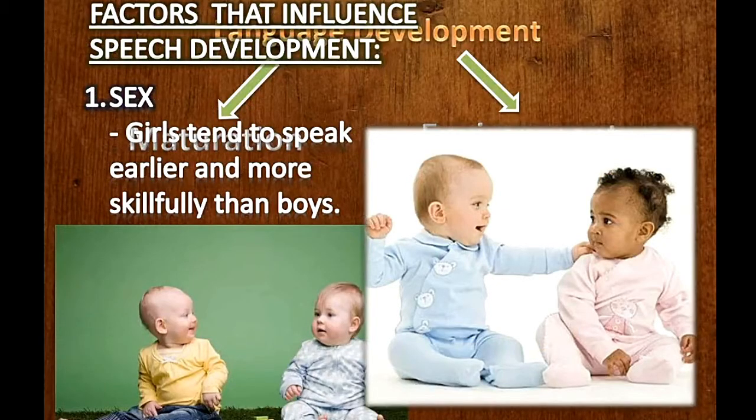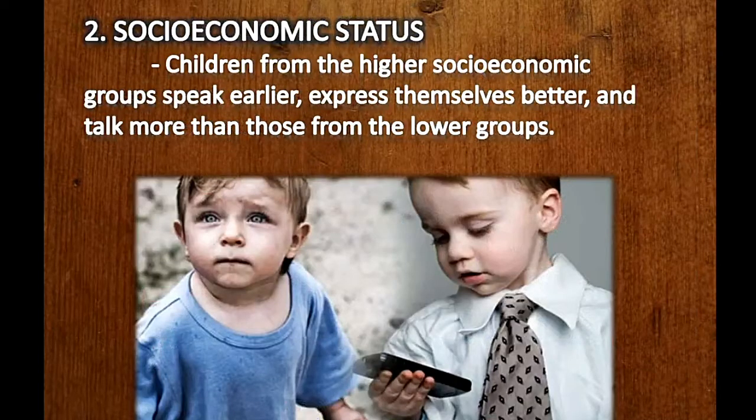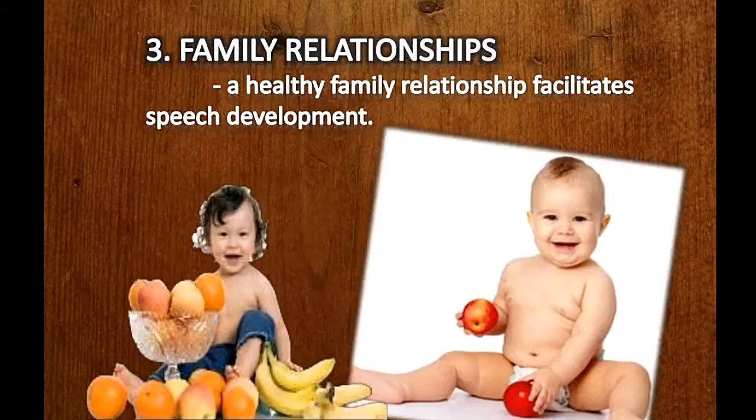Factors that influence speech development. Number 1, sex. Girls tend to speak earlier and more skillfully than boys. Socioeconomic status. Children from higher socioeconomic groups speak earlier, express themselves better, and talk more than those from the lower groups. Family relationships.